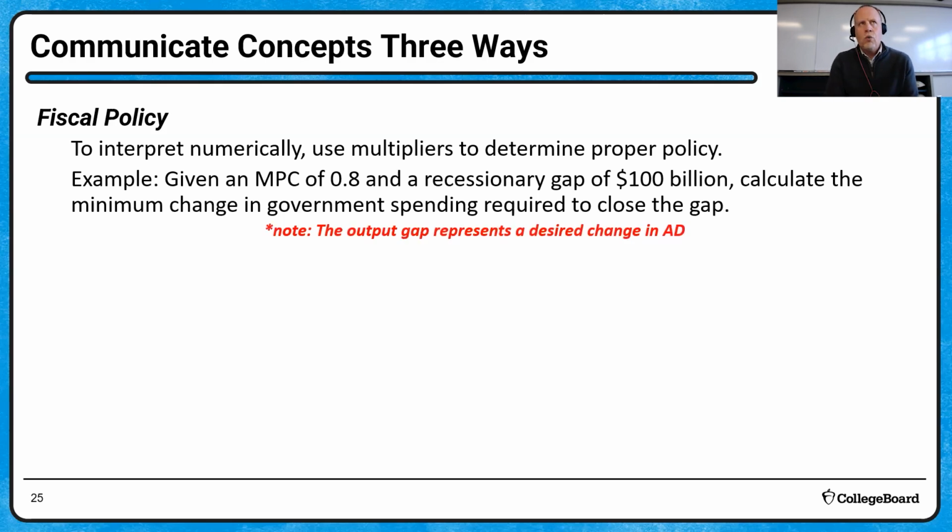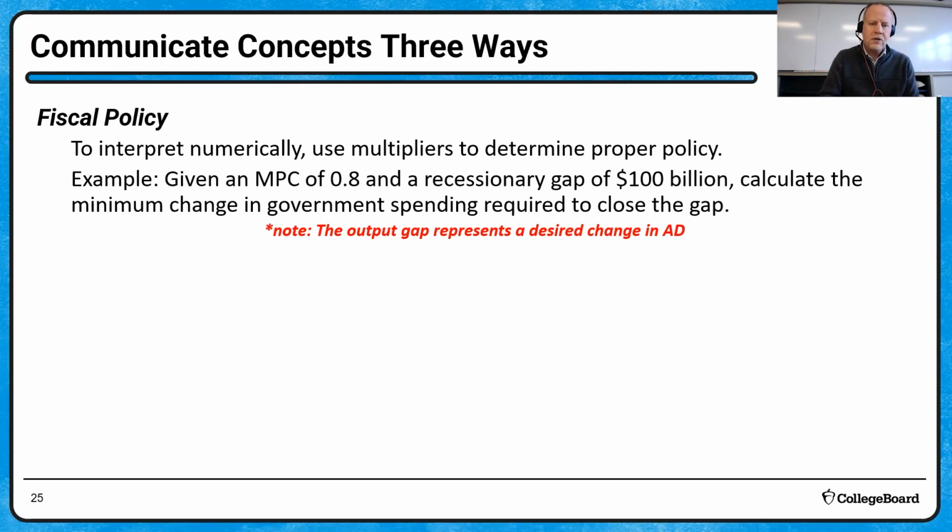I want you to always consider that the output gap, in this case the $100 billion output gap, represents a desired change in aggregate demand. That's a helpful way to look at this. It's not going to come out and say they want to increase output by this much. They're going to tell you, here's the recessionary gap.